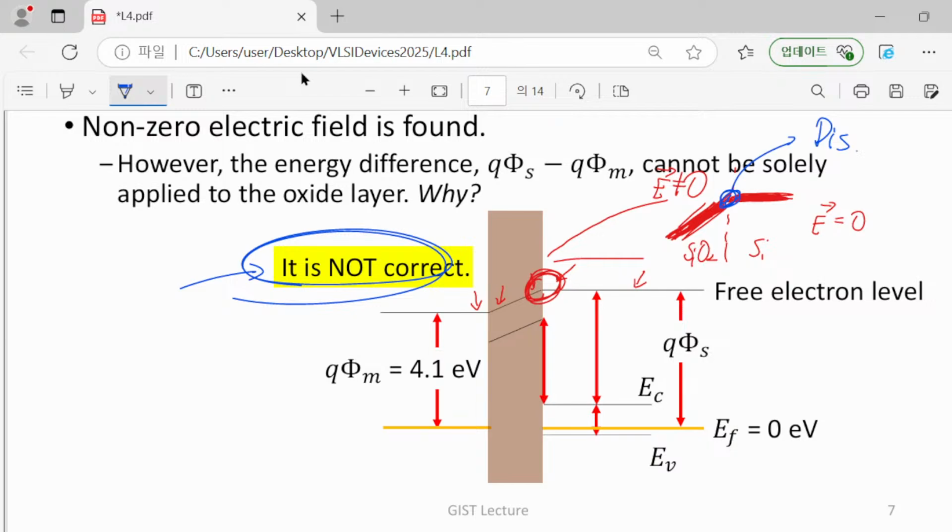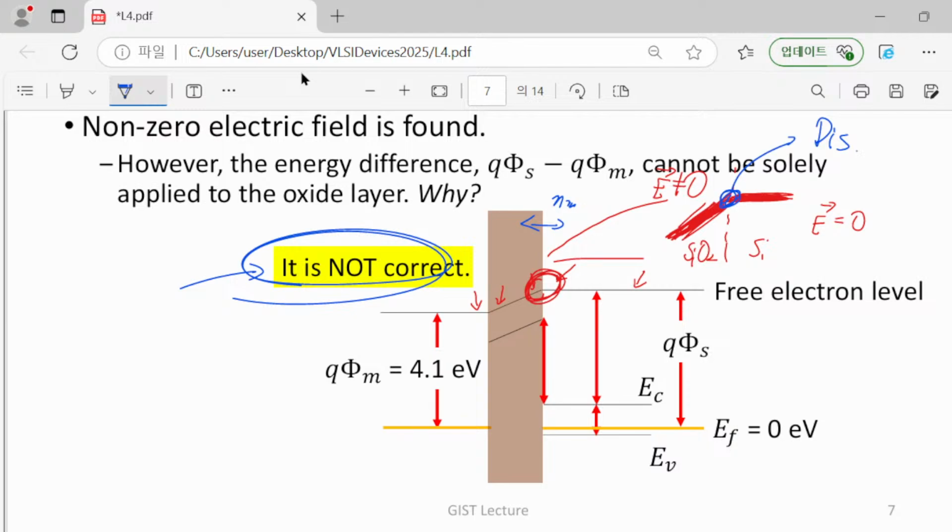It's not allowed. The only way we can allow that discontinuity is if we assume the existence of a surface charge, a charge having 0 thickness. However, right now our length scale is quite small, just a few nanometers, so there is no such surface charge at all in this case.